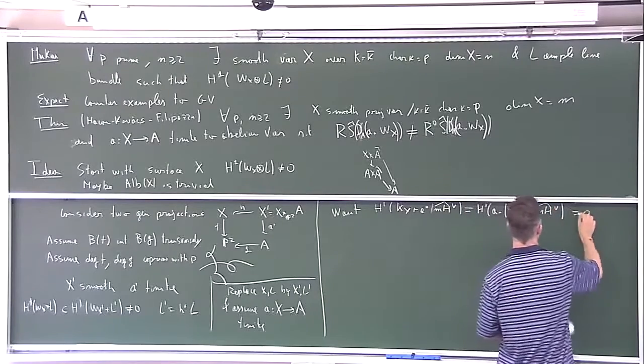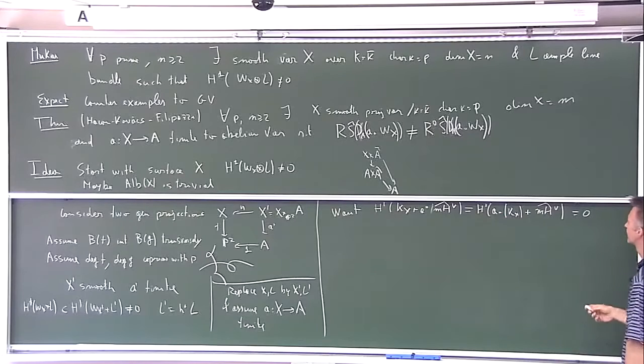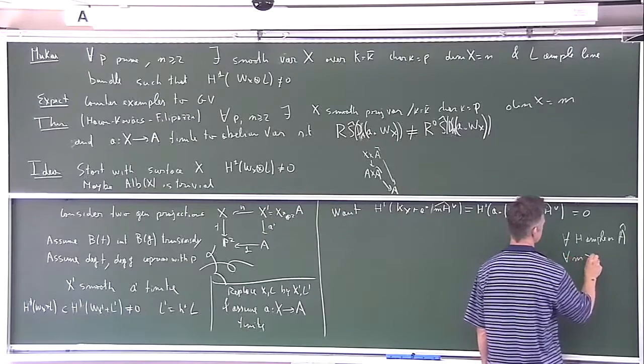We want that this group is zero. There are no higher direct images, so these two are the same thing. For any H ample on A hat, and for any M sufficiently big.